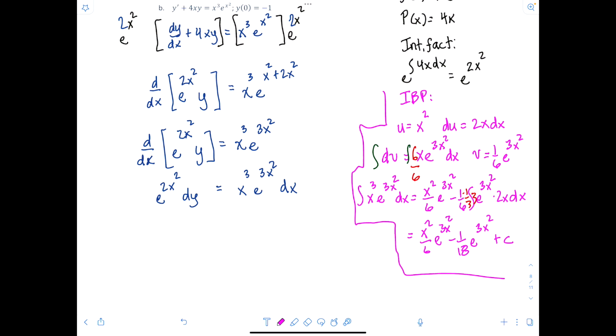So writing that into the right-hand side, we'll have 1/6 x squared e to the 3x squared minus 1/18 e to the 3x squared plus our constant.